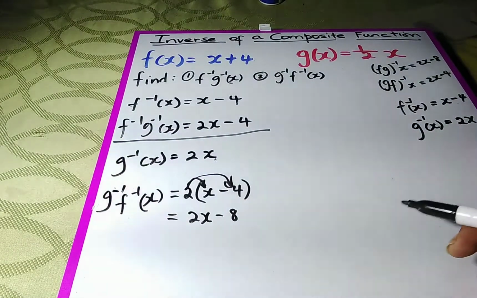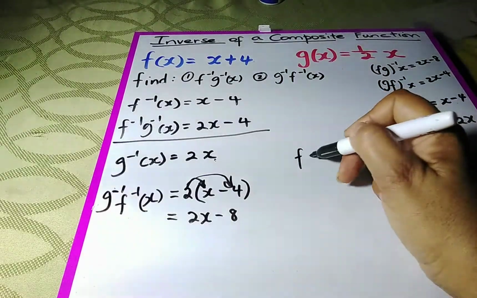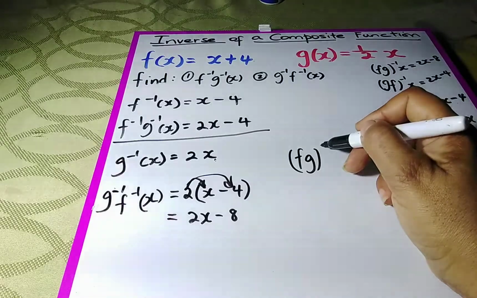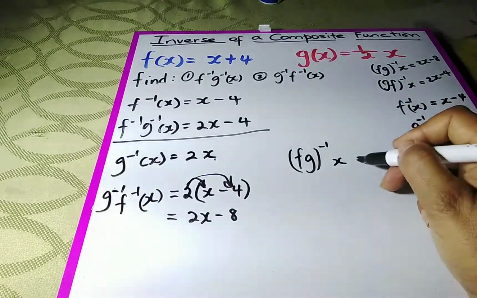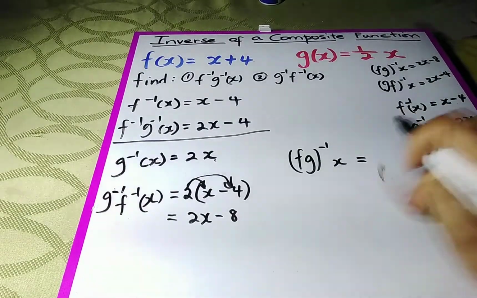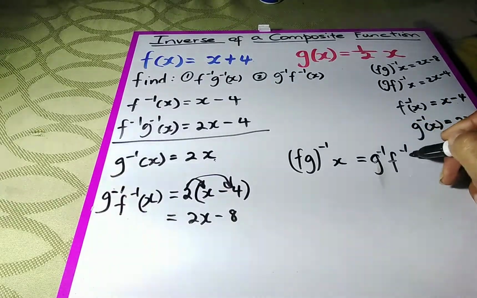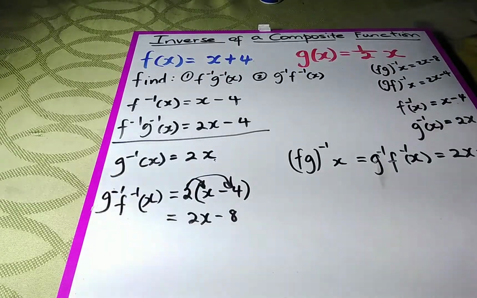But what do we notice? Based on the answer here, (fg) inverse of x is the same thing as g inverse f inverse of x, and that's equal to 2x minus 8.